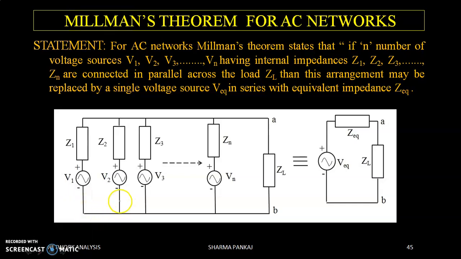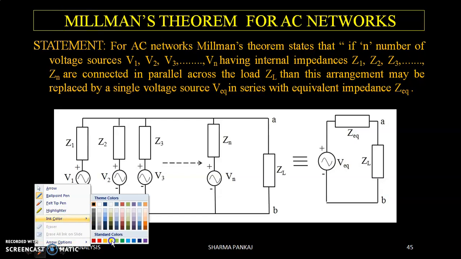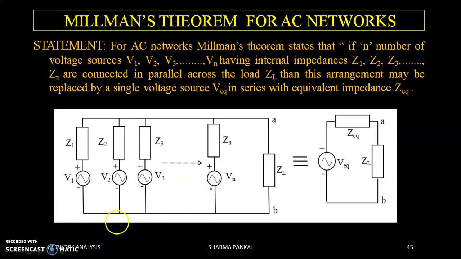You can see this. This is connected here, parallelly connected. Then this arrangement may be replaced by a single voltage source V equivalent in series with equivalent impedance Z equivalent, ZEQ. See this.